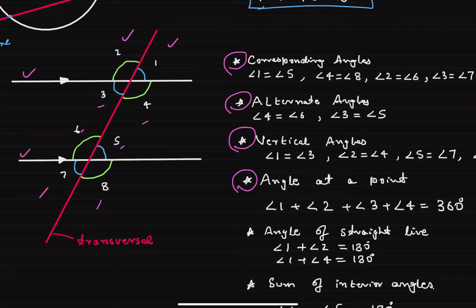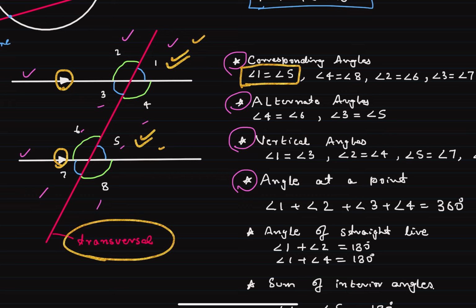So angle 1 and angle 5 are corresponding angles, and they are equal here because the lines are parallel, right? You can see why they are called corresponding angles, because one is exterior, one is interior, and they are on the same side of this transversal.